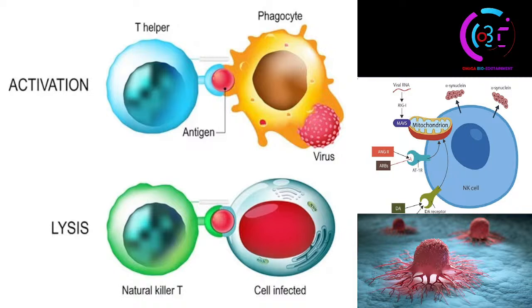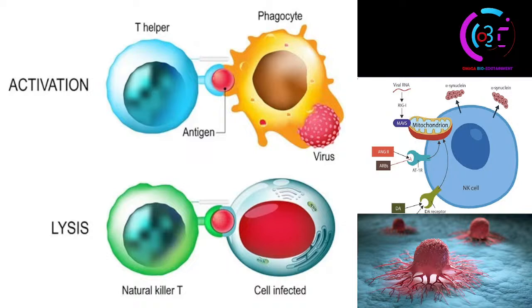Then the natural killer cell also contains lectin, and it is this lectin that will stimulate the classical pathway of the complement system. We are going to see it by the time we start talking about the complement system.